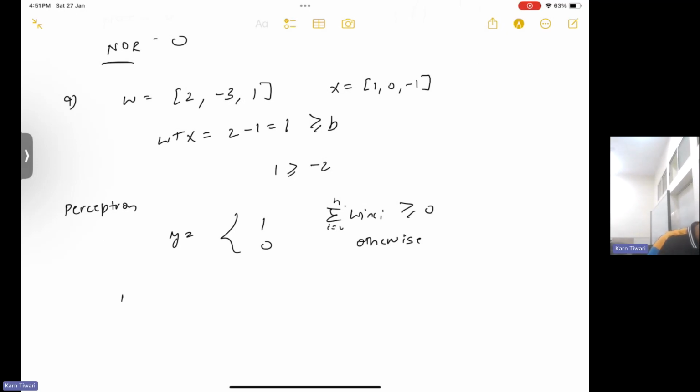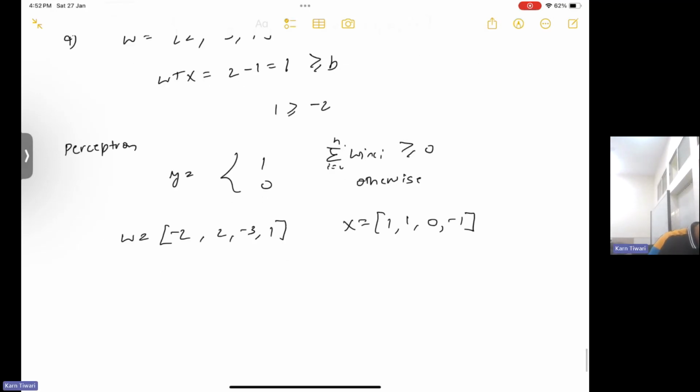So W, you can write it with the bias W naught: minus 2, 2, minus 3, 1. And X, you can write as 1, 1, 0, minus 1. Again in this case, W transpose X is minus 2 plus 2 plus 0 minus 1, which is less than 0, which implies Y is equal to 0.